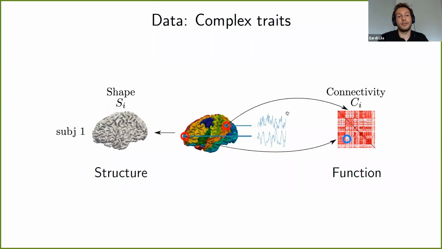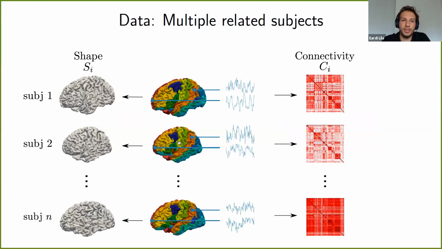But as I said, this is really for one subject, subject one. And I can, of course, do the same exact thing for multiple subjects, so n subjects, where for every single subject, I have a description of their anatomy of the brain and their connectivity of the brain.